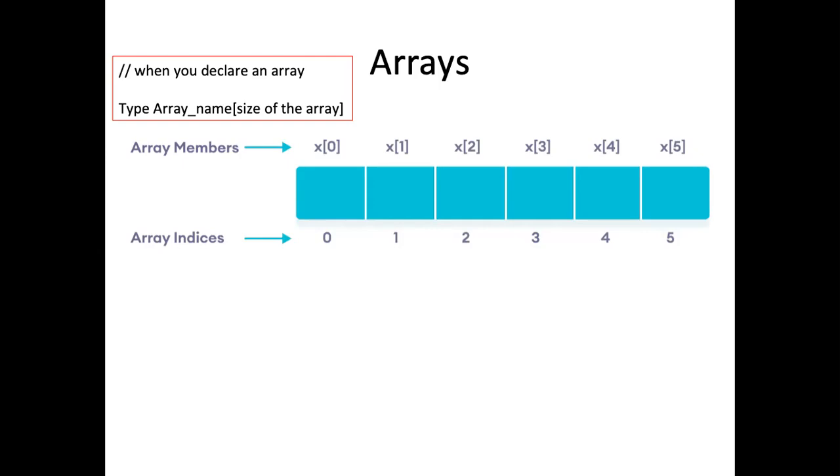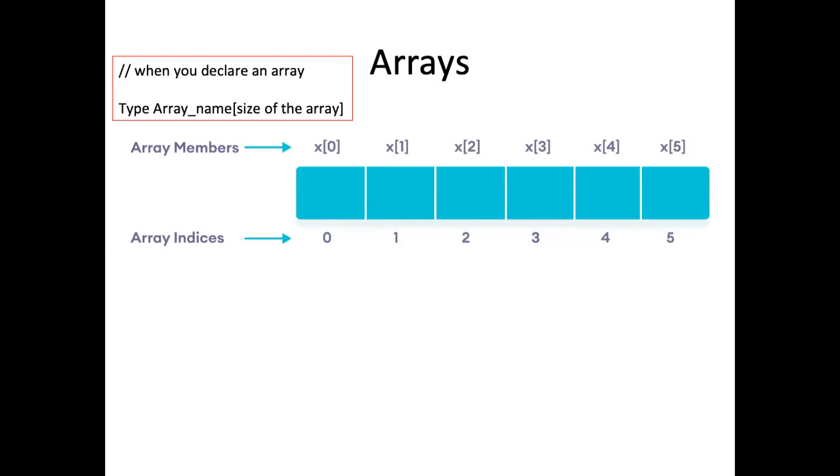And if the array is given a name which is x, then in order to retrieve the contents at index 0, you will have to write down x[0], where 0 is within brackets, and 0 would indicate the first index place for this array x. And similarly, if you want to access the contents that are present at index 4, you will have to write down x[4], where 4 is within brackets.